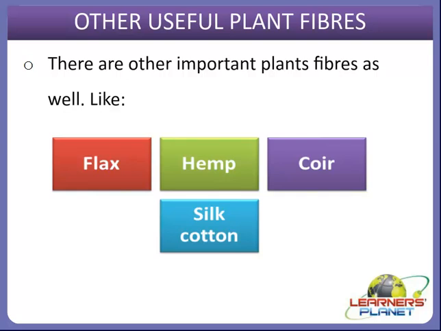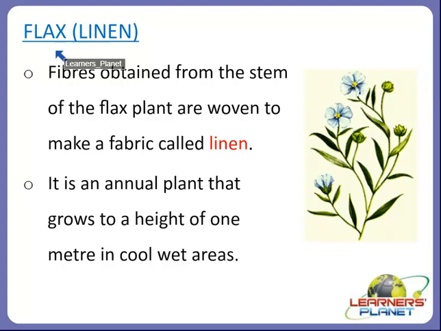So we'll start with the first plant fiber in today's session, and that is flax, also called linen. So students, fibers obtained from the stem of the flax plant are woven to make a fabric called linen.